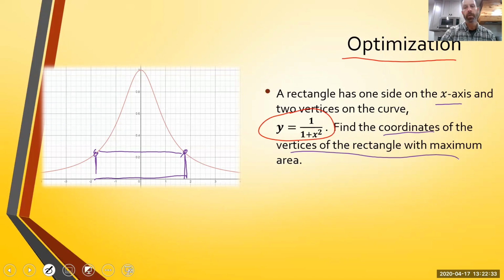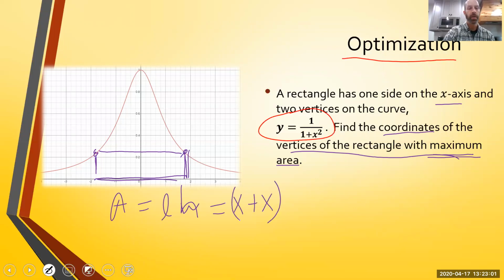So what we're trying to do is maximize the area function. So we've got to write the area function. Well, area is equal to length times width, or we could call it length times height. How about we do that? So it's got a length and a height. The length here, I'm going to claim, is x plus x.